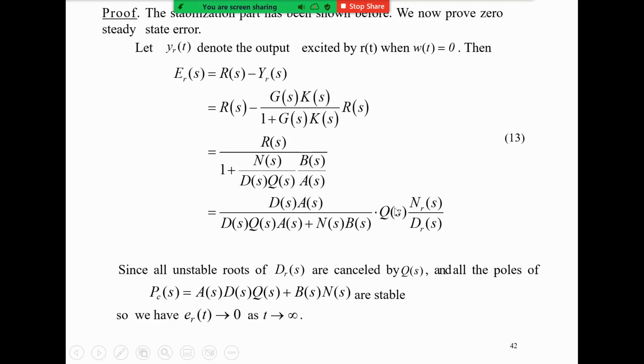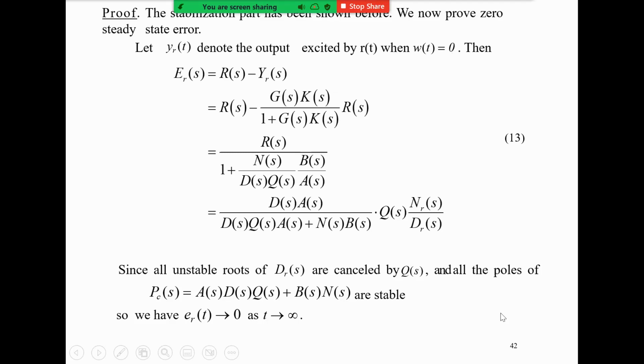So we designed Q just for the purpose of getting rid of those unstable factors in the final expression of R. If those unstable factors cannot be gotten rid of, the error signal cannot go to 0. So therefore, we prove that the error signal will go to 0, under the condition that the disturbance is 0.